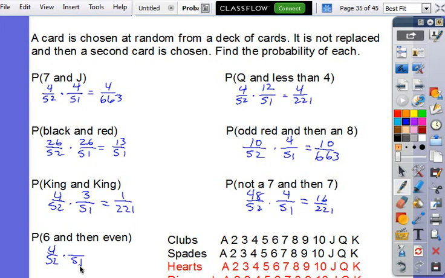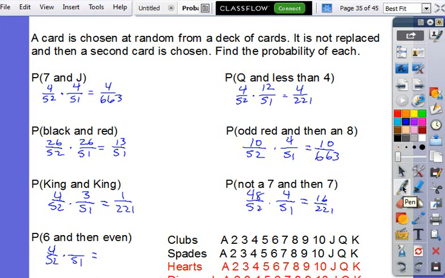4, 26. 8, 12, 16, should be 20. And you still count the 6? Because the 6, does that matter? Is that counted twice or not? No. Good question. All right.